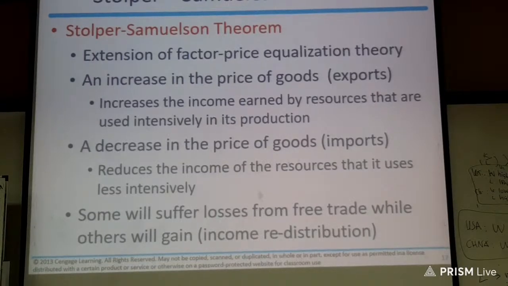The happy ones will be the top one, those whose resources are used intensively. This is the income of resources used less intensively, not happy.